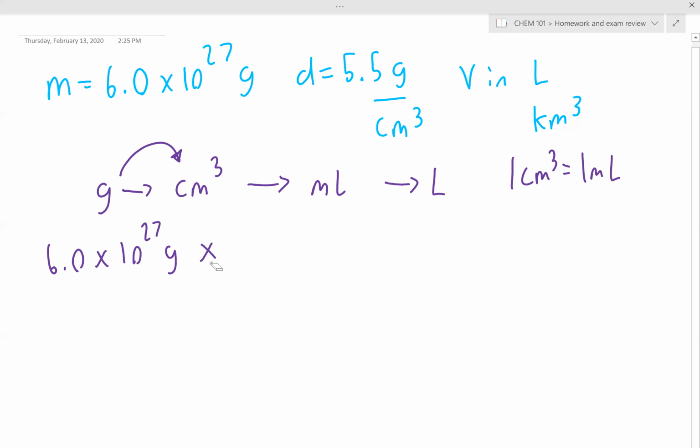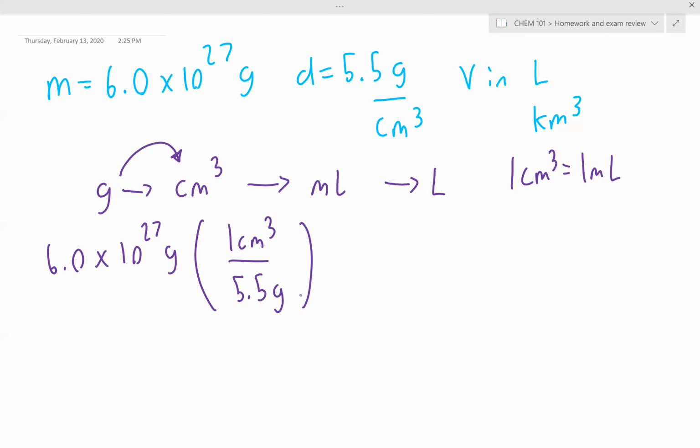So I set this up where I have 1 centimeter cubed per every 5.5 grams. Does everyone see how I used density as a conversion factor, just like you do for any unit conversion? You set up your starting unit to cancel, and you have your desired unit on top, or wherever you want your desired unit to be.